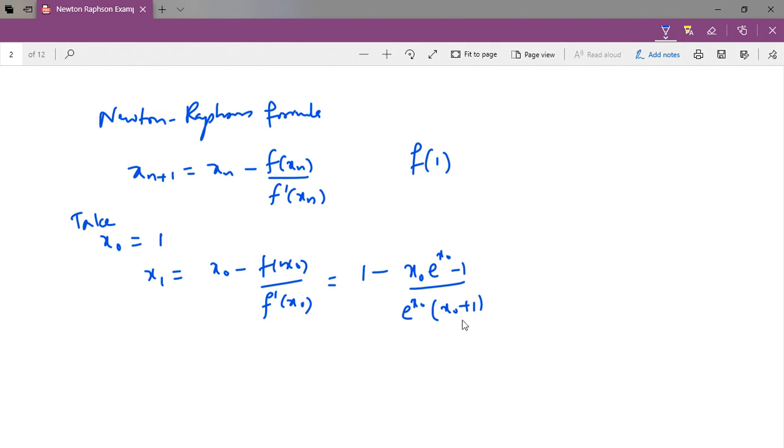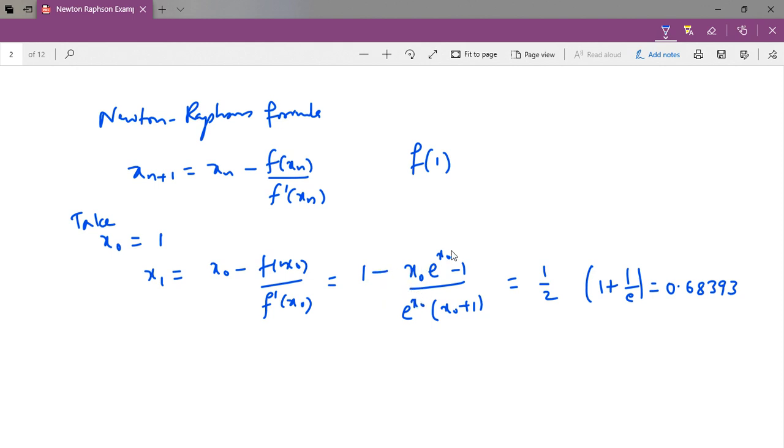If you simplify this, taking the LCM, it is going to be e power x naught into x naught plus e power x naught.